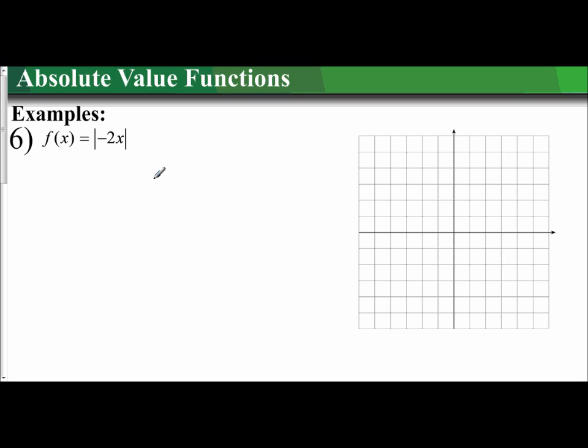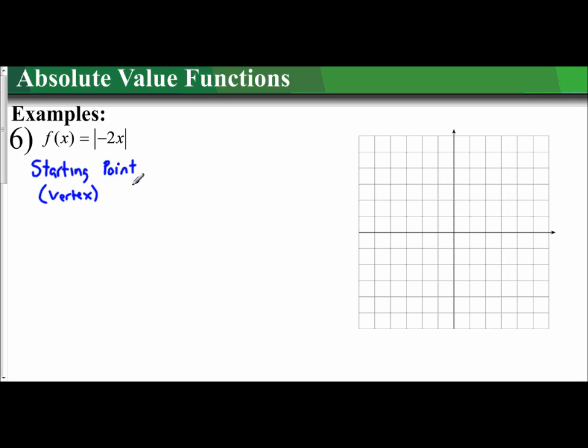And the reason why this is helpful is because, when graphing an absolute value function, you first need to identify your starting point. And that starting point is going to represent the vertex of the function.